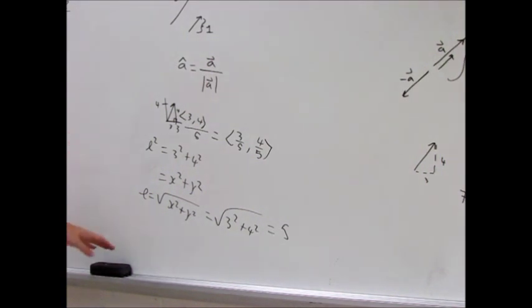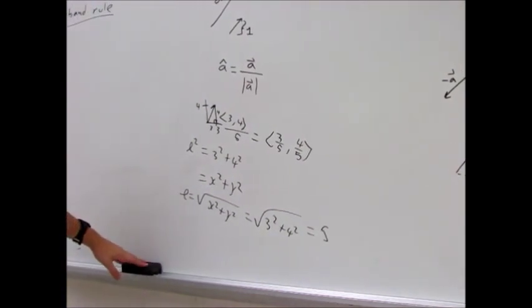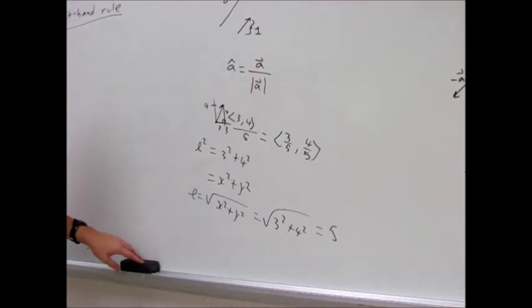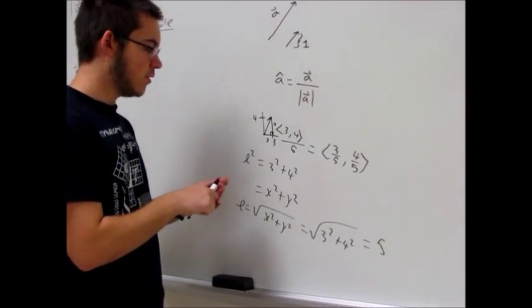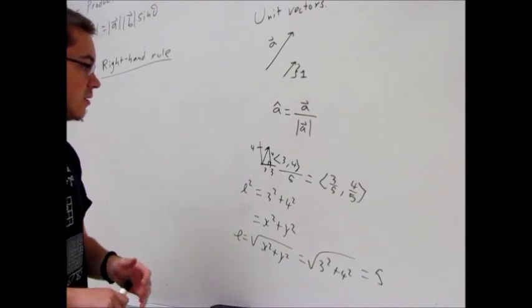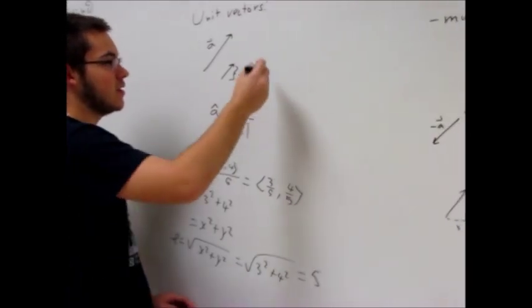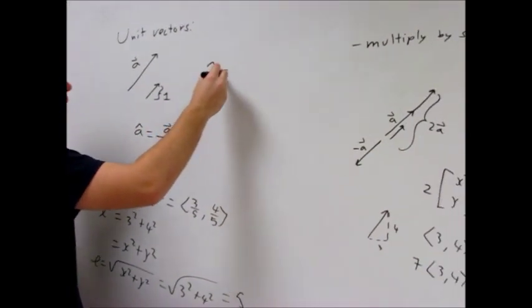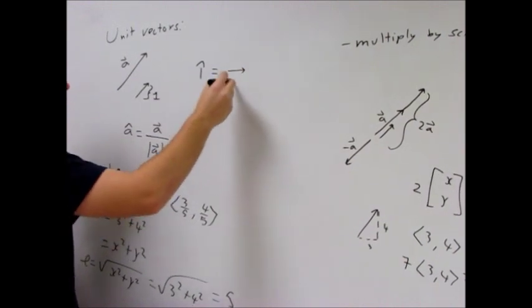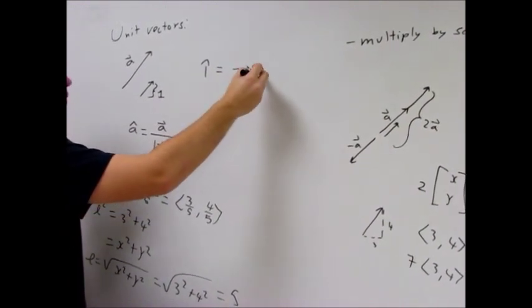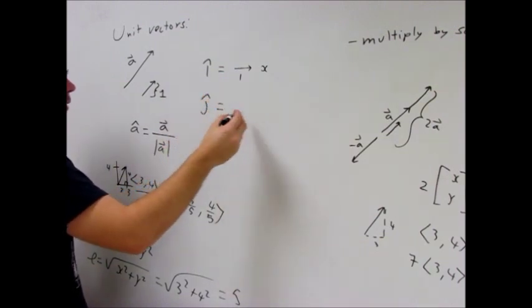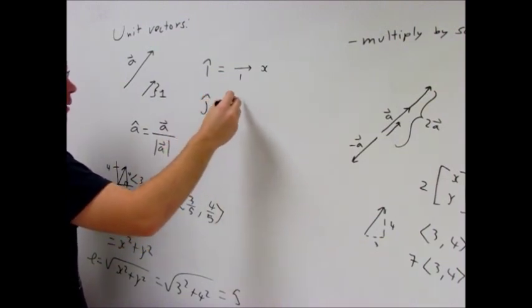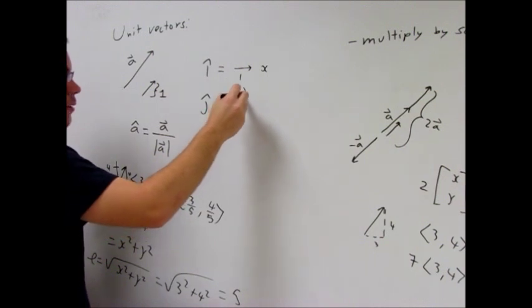And this allows us to talk about vectors in one more way, using what we call the unit vectors in each of the coordinate directions. Generally, the convention is i is the unit vector in the x direction, along the x-axis. j is the y direction.